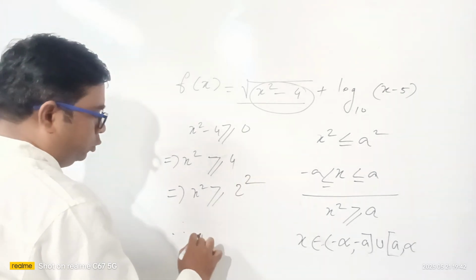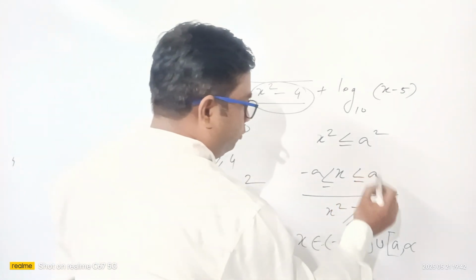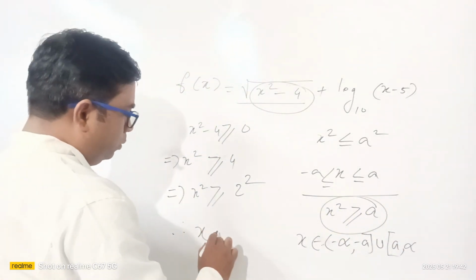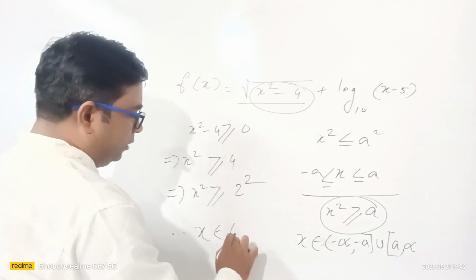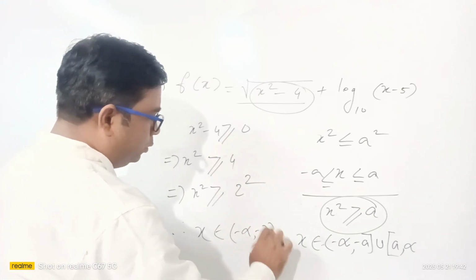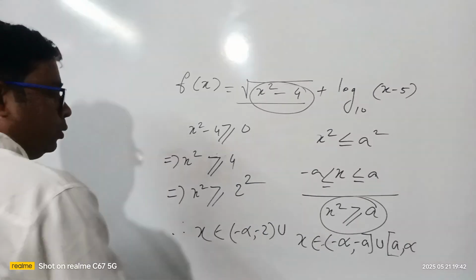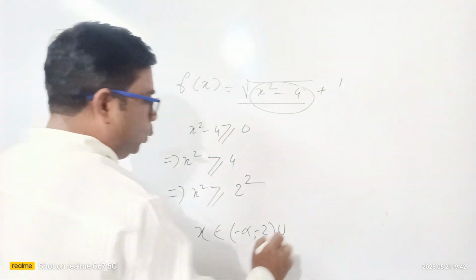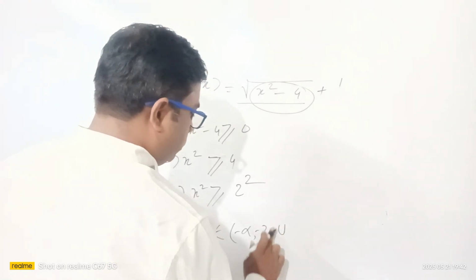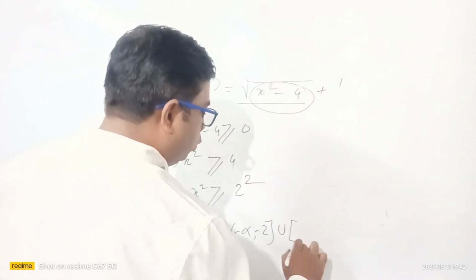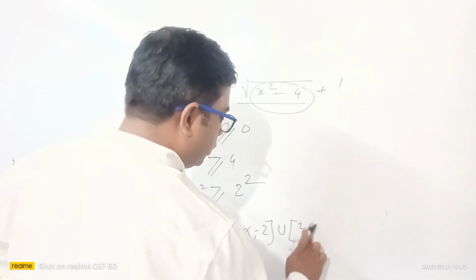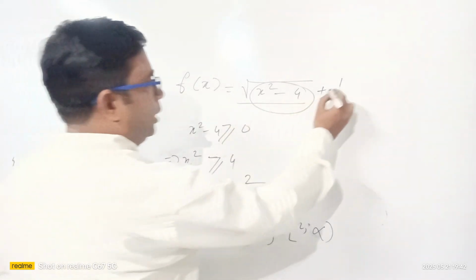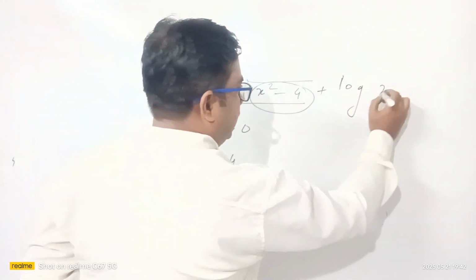So x belongs to, you can apply this formula here, minus infinity to minus 2 union 2 to infinity. So this is the domain for the first part, and there is another part.